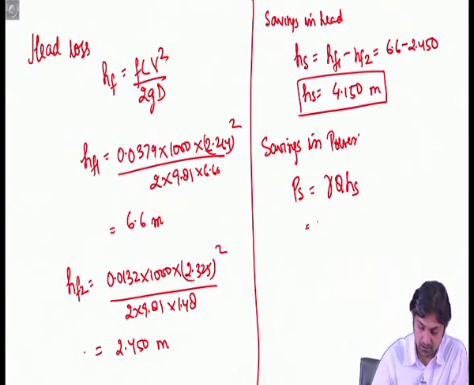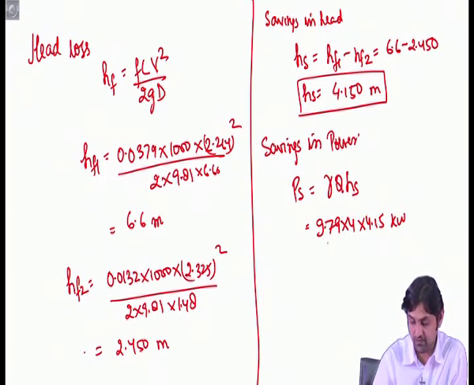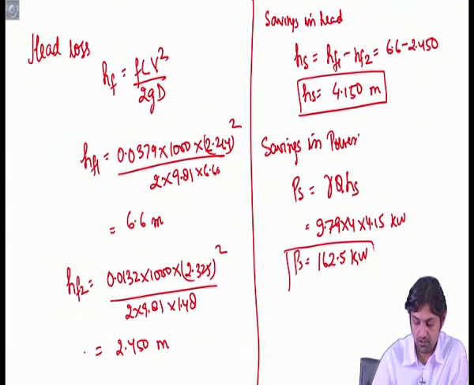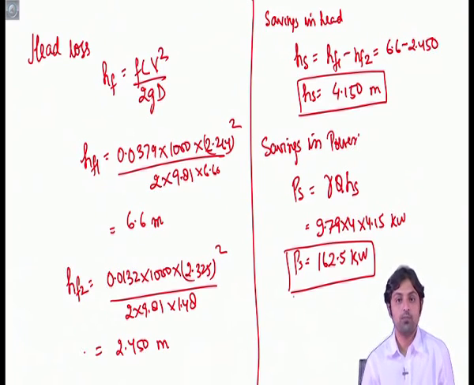So gamma is 9.79 into 4 into 4.15 kilowatt, because we have taken 9.79 into 10 to the power 3, that is 9790, so we write it in kilowatt, and this will come to be 162.5 kilowatt. So this is the saving in power.